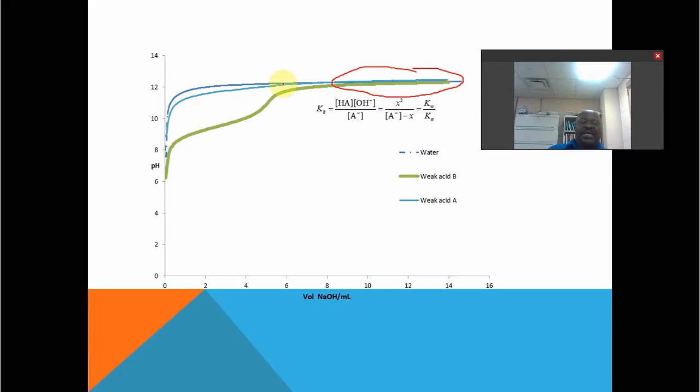So the higher you start, the less well defined this steep region. There's no steep region to assess when the weak acid is very weak. So weak acids can be untitratable.